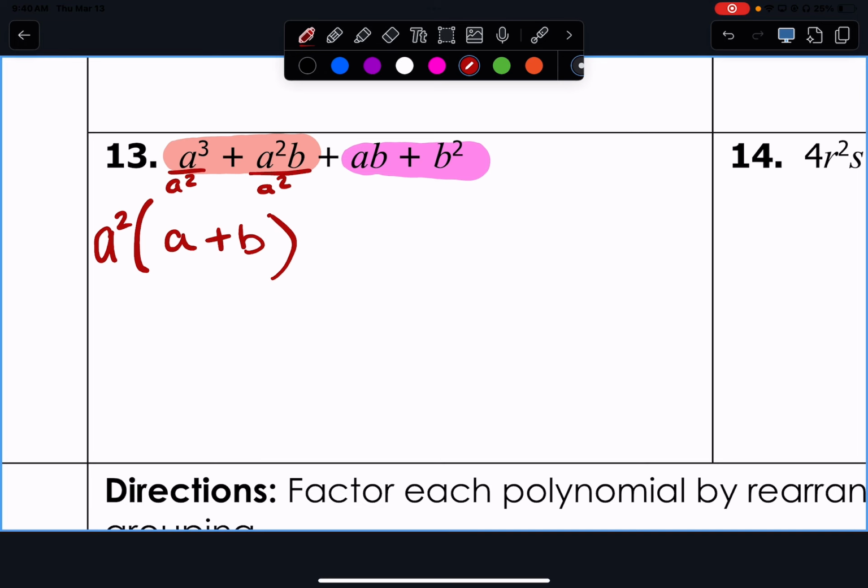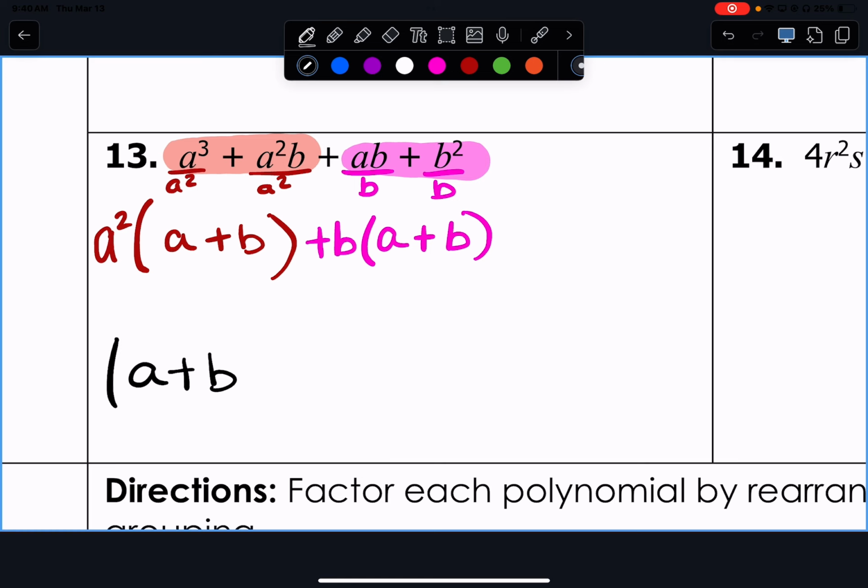Then for the second half, what is our GCF? B. If I divide both of these terms by b, what do I get left with? A plus b. Perfect. There we go. All right.